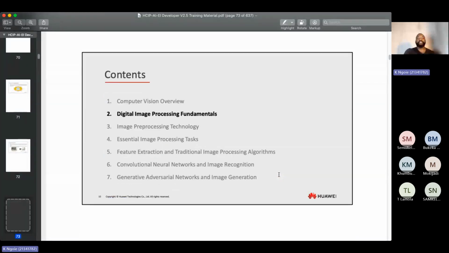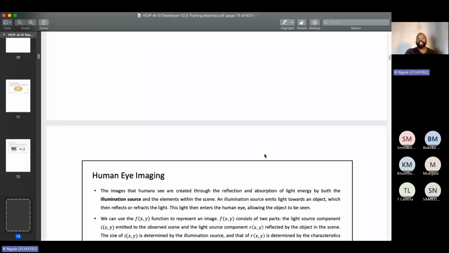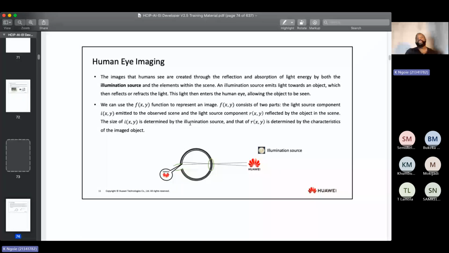All right. So digital image processing, this is how the human eye works. When we have human eyes, the images that humans can see are just reflection, right? First of all, there needs to be a reflection of the light.